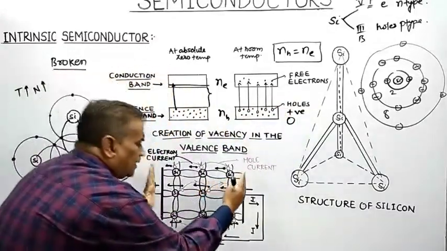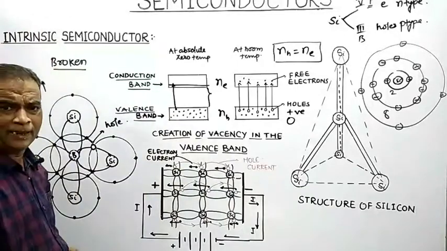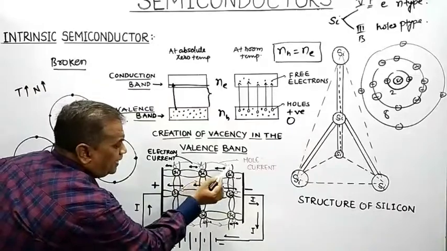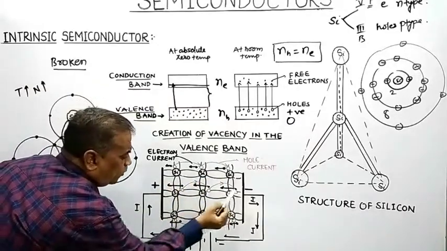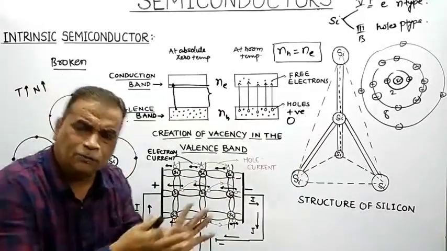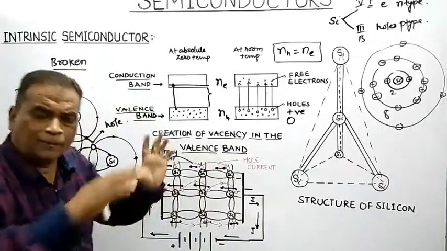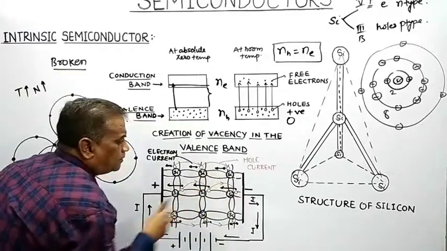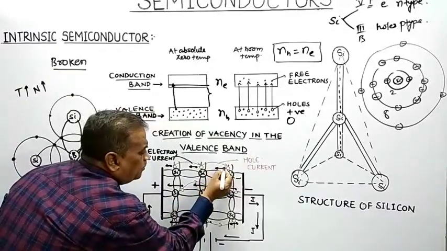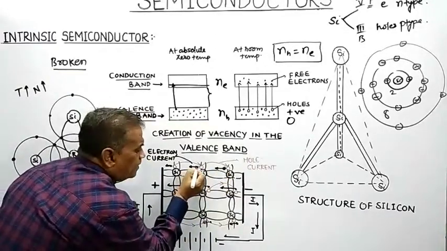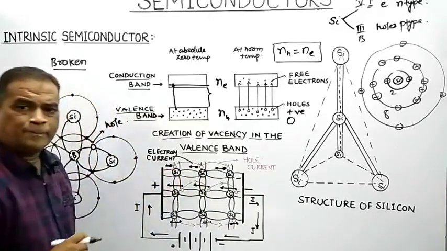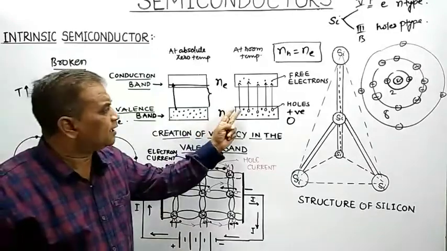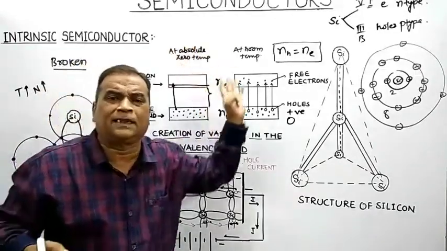So here, in the structure of the intrinsic semiconductor at room temperature, I have shown that suppose these are the covalent bonds which are broken due to thermal agitation. When covalent bonds are broken, the electrons in those bonds will be shown by means of what? A black circle. So these are the electrons which gain the thermal energy, and they enter into what?